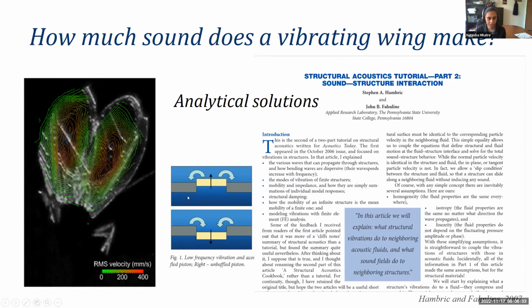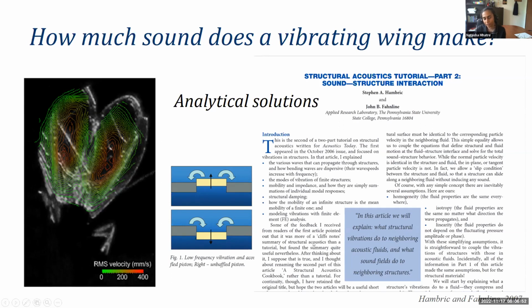So a baffled piston is simply a piston which vibrates up and down, like this piston over here, and is surrounded by this object, which we call a baffle. It's the thing that allows the pressure in the front of the piston to be separated from the pressure in the back of the piston.